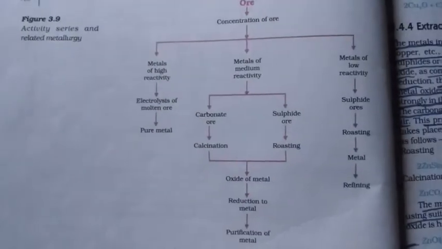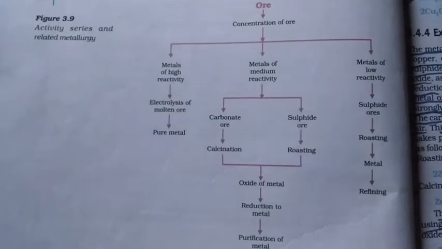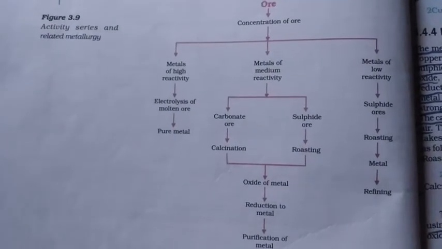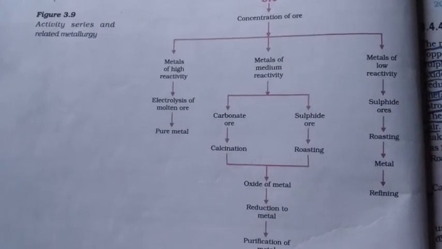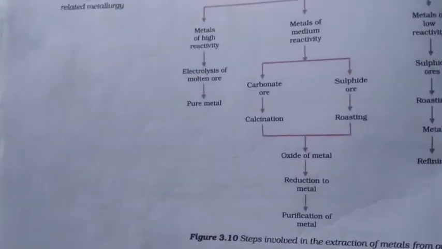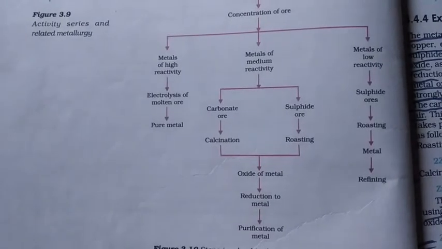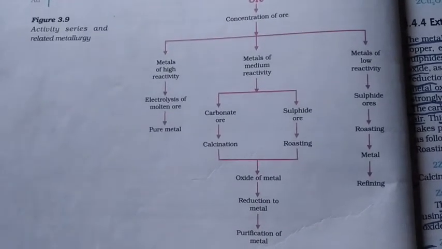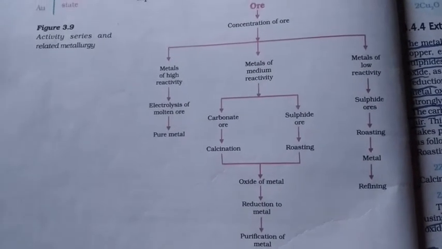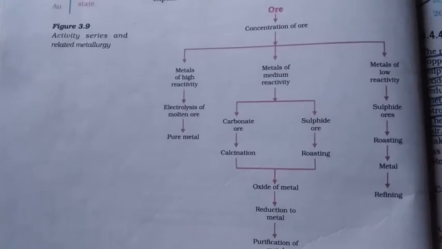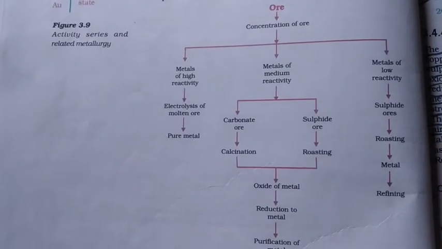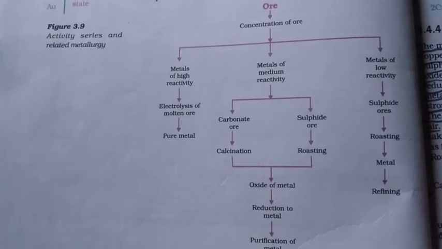So this is the procedure we are going to apply to extract metal from its ore. Now let us discuss in detail by taking examples how they are extracted. Okay, thank you for today.